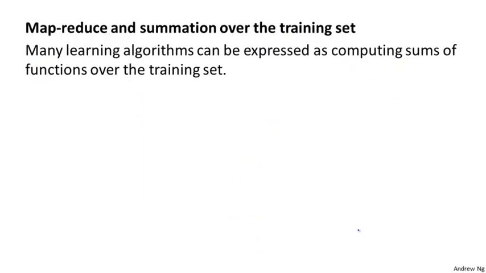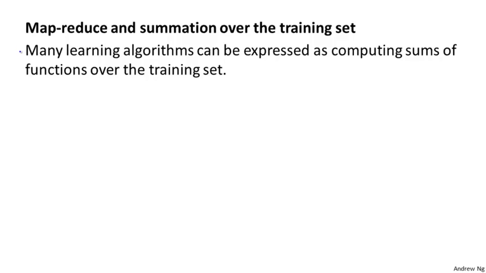If you're thinking of applying MapReduce to some learning algorithm in order to speed this up by parallelizing the computation over different computers, the key question to ask yourself is, can your learning algorithm be expressed as a summation over the training set? It turns out that many learning algorithms can actually be expressed as computing sums of functions over the training set.